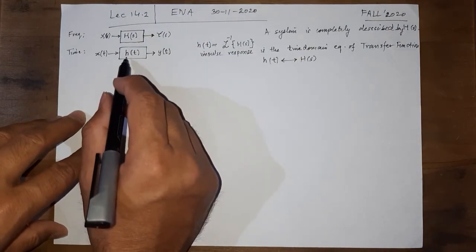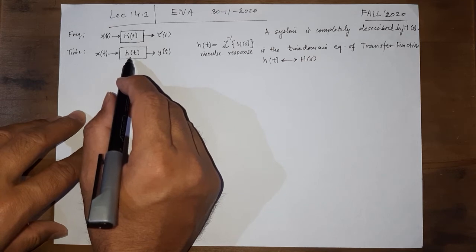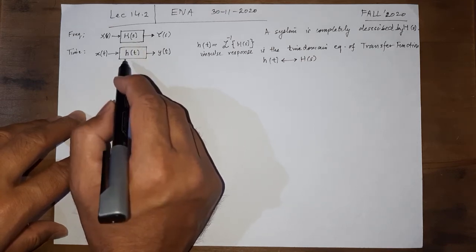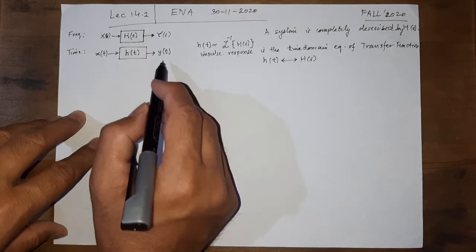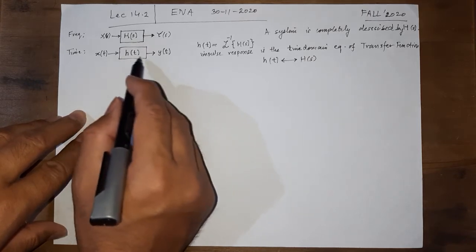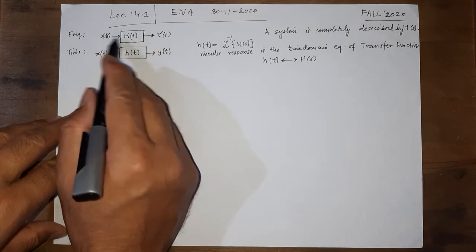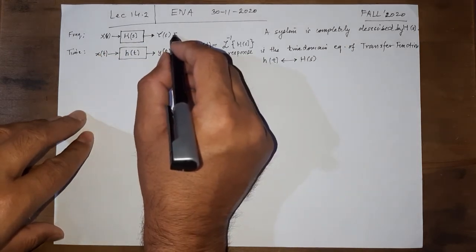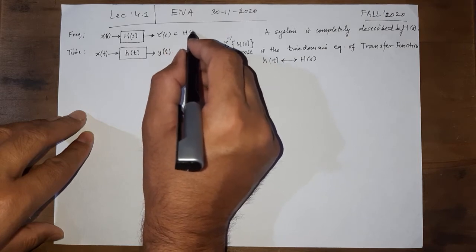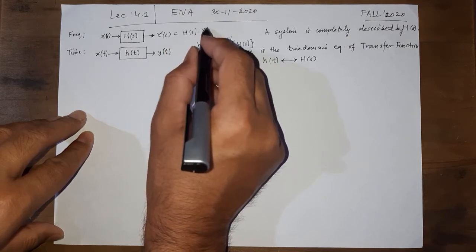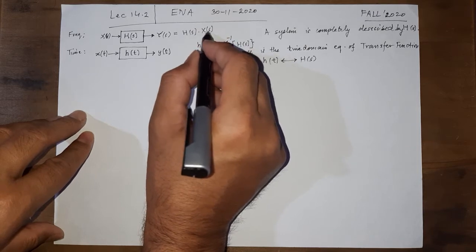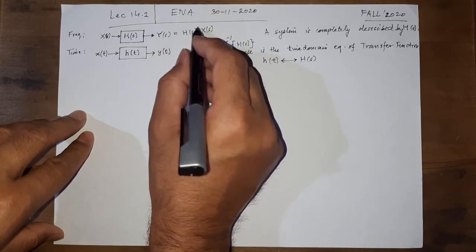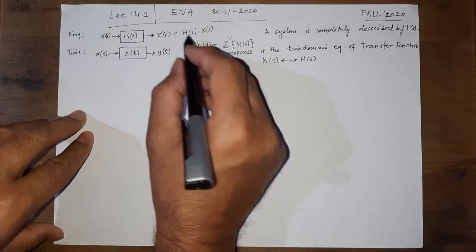So if we know the impulse response of a system, we can very easily find the transfer function just by taking the Laplace transform of that. And this is how things are in the time domain. In the frequency domain, we know the output is equal to the input into the transfer function. So the product of the input and the transfer function gives us the output.